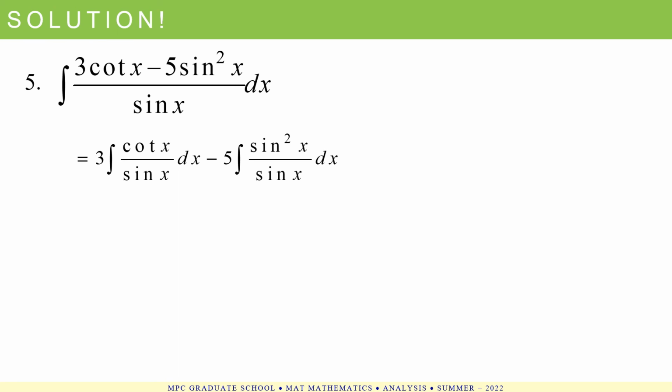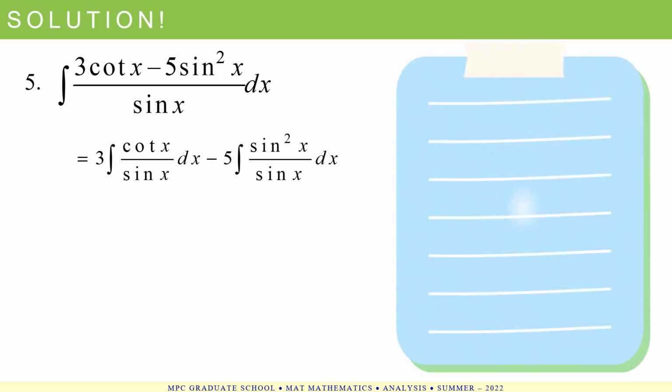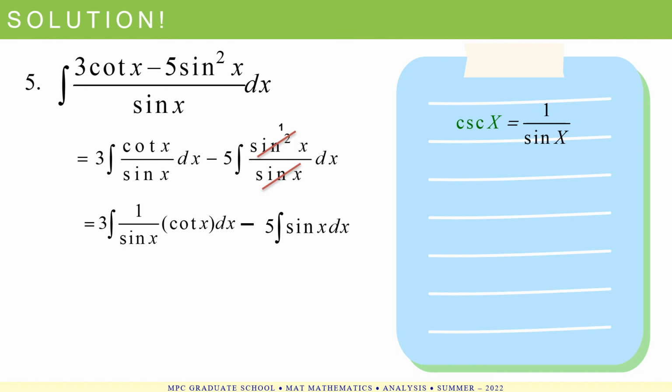Next step, we're going to separate cotangent of x over sine of x so that we can apply the trigonometric identity. If you can recall our trigonometric identity, cosecant of x is equal to 1 over sine of x. Okay, so we have 3 times the integral of 1 over sine of x times cotangent of x with respect to x, and then just copy minus 5 times the integral of sine x with respect to x.